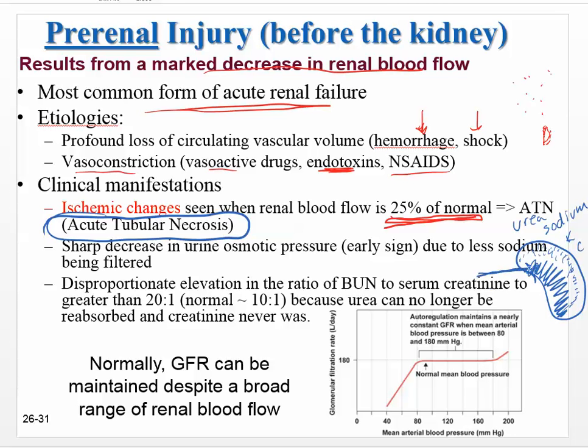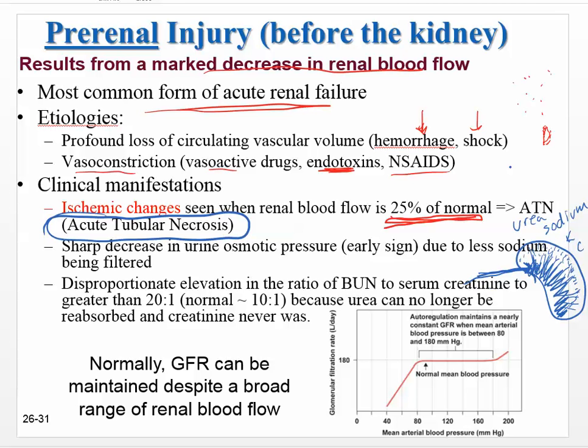I'm not going to test you on the details of how this concentration gradient takes place, at least not now, but urea contributes to that. And so if the urea isn't moving in, or if things aren't moving through properly, then it will mess with this overall concentration gradient in the kidney. And that's really important for kidney function.